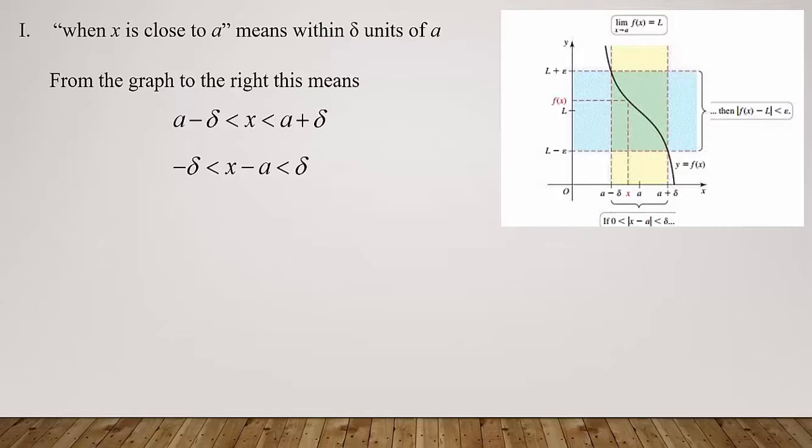And then I'm just thinking back to something you would have seen in an algebra class, maybe an elementary or beginning algebra class, Algebra 1, a long time ago. A compound inequality like that, negative delta is less than x minus a is less than delta, comes from an absolute value inequality.